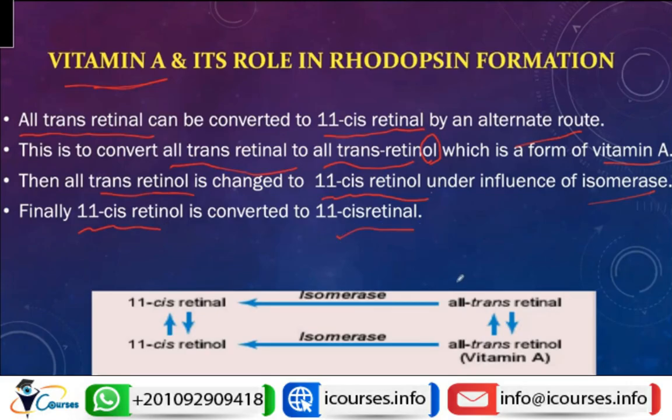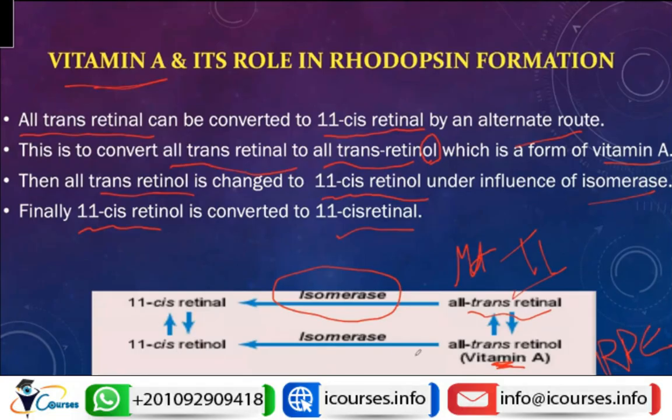So the activated rhodopsin or the metarhodopsin 2, which is the all trans retinal, can be either transformed to 11-cis-retinal through a direct mechanism, which is through the isomerase, or it can be transformed into all trans retinol, which is a form of vitamin A. This occurs in the RPE, and then within the RPE cells, under the effect of the isomerase enzyme, it will transform this all trans retinol into 11-cis-retinol, and then 11-cis-retinol will be transformed into 11-cis-retinal.